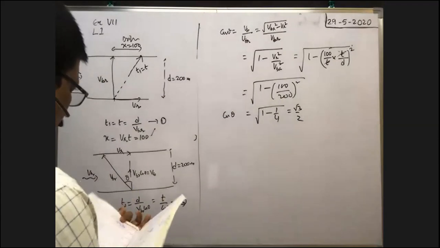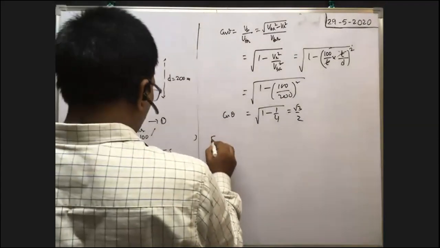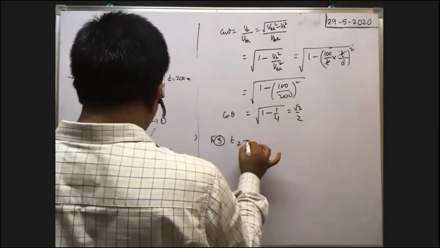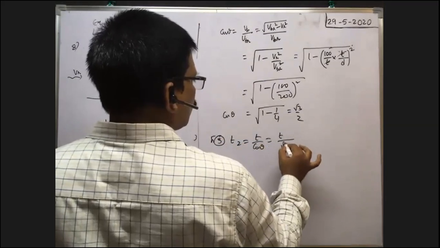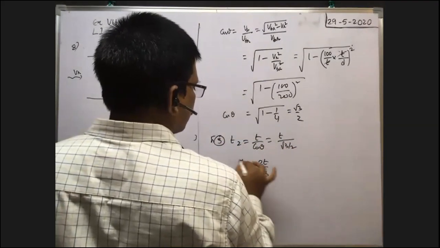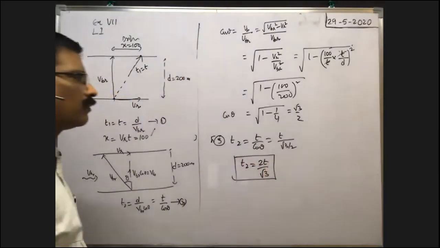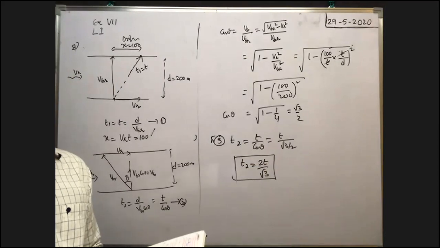So from 3, t2 is equal to t by cos theta, t by root 3 by 2. Therefore, t2 is equal to 2t by root 3. That is the answer.